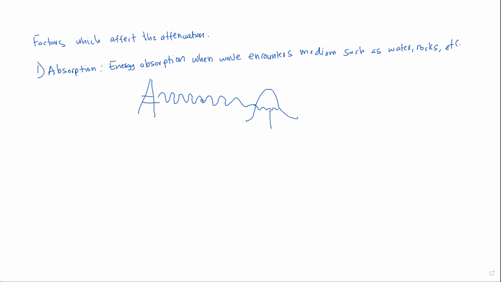Also, in this scenario, the direction of the wave can change after hitting these obstacles. After hitting obstacles, the wave direction can change from the initial direction. That we call the scattering effect.